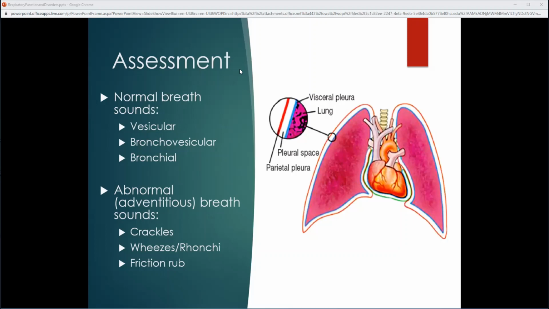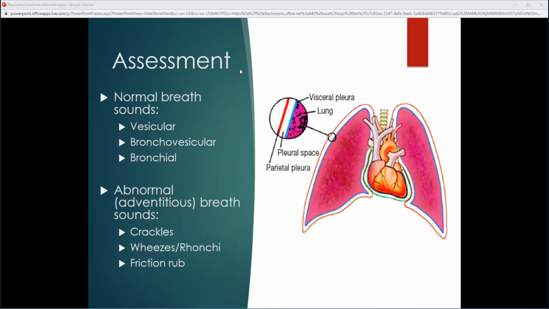That sounds like wheezing, but crackles sounds like crackles and wheezing, but you hear the crackling? Let me play it again. You hear the crackles at the beginning.